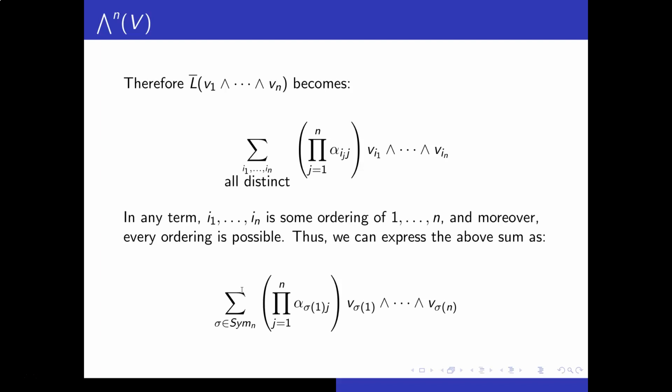Now, my basis is V1 wedge V2 wedge through Vn. These are not in that order. In particular, I've got all of these terms with all these wedges, but they are all V1 through Vn wedged in different orders. But if they're wedged in different orders, at the cost of negatives, I can start moving them around, which is precisely what I do.